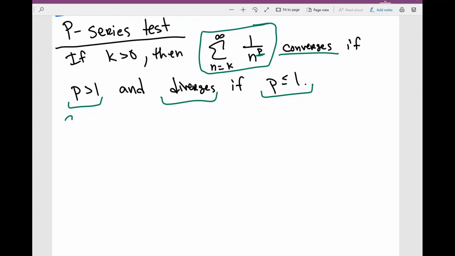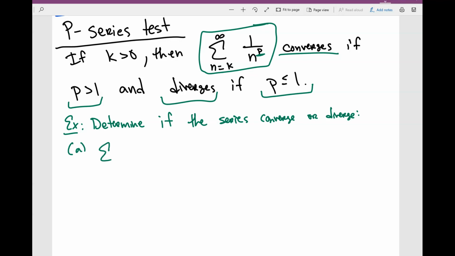Okay, here's an example. Determine if the series converges or diverges. Let's say you have the sum from n equals 4 to infinity of 1 over n to the power of 7.